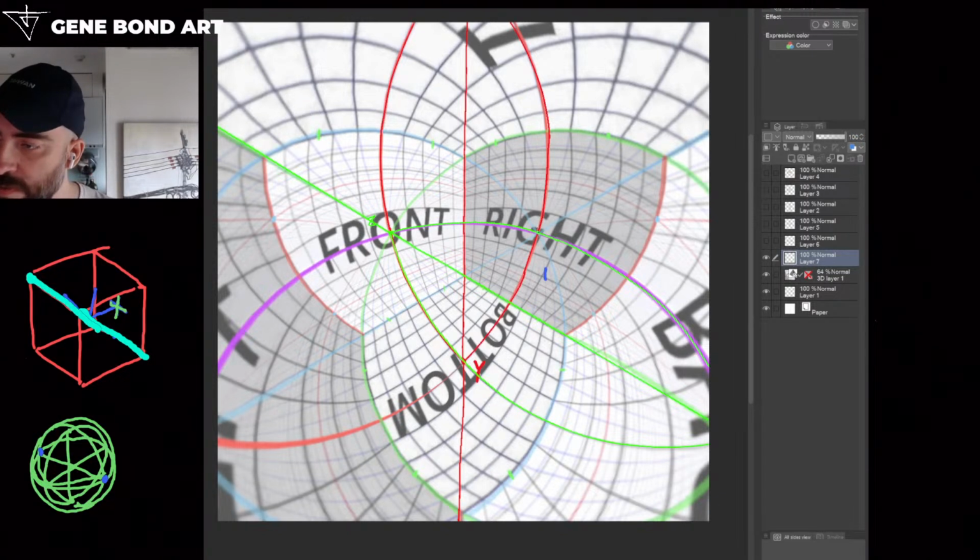Same we have with the x vanishing point. We have a straight line. You see it's perfectly aligned, intersecting both the y and z axis. And same we have this curvature merge with the horizon line, curvature merge with the y-axis going through the y vanishing point.